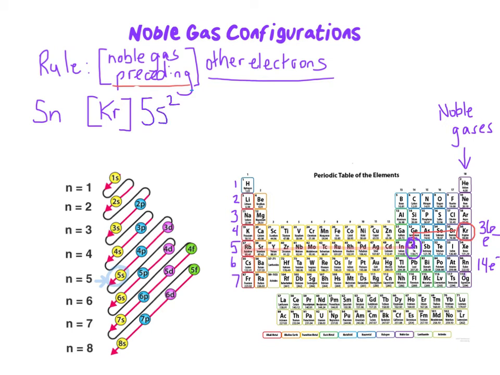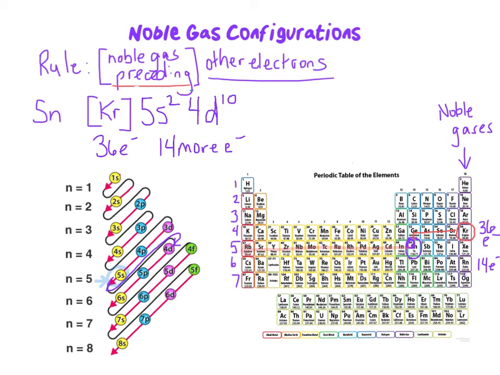okay, so that was, I had 14 more electrons, which are my other electrons, because I already had 36 electrons that krypton is replacing. So after 5s, I follow this little line, and now I'm going to 4d. D, we know, can hold 10 electrons, and I still have 12 more. So I'm going to put all 10 there.